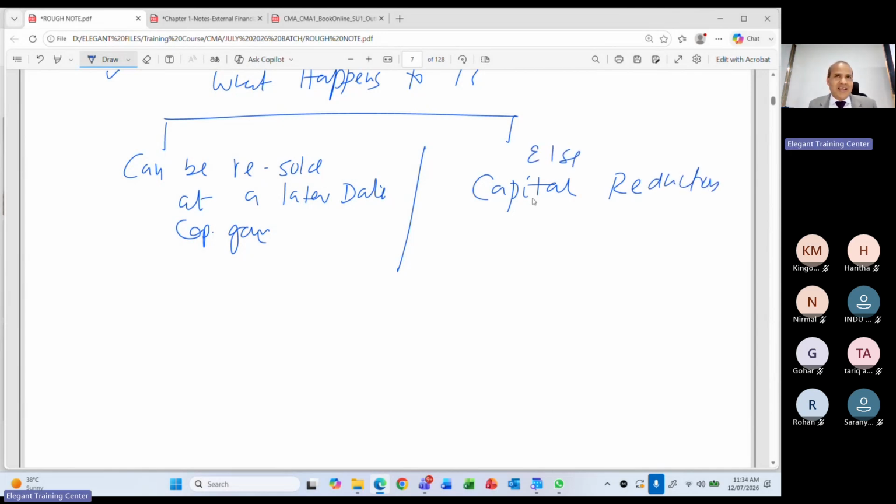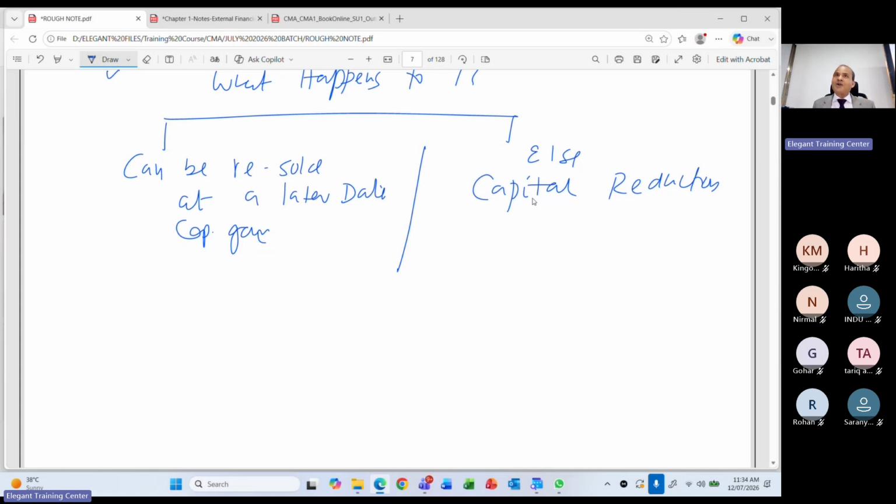If they cannot sell, possibly they bought at 8 and now the market price is maybe 6. There's a time limit, and they need approval from the authorities, the stock market regulators: SEBI in India, the Securities and Exchange Commission in the USA, and in the UAE, the Securities and Commodities Authority.